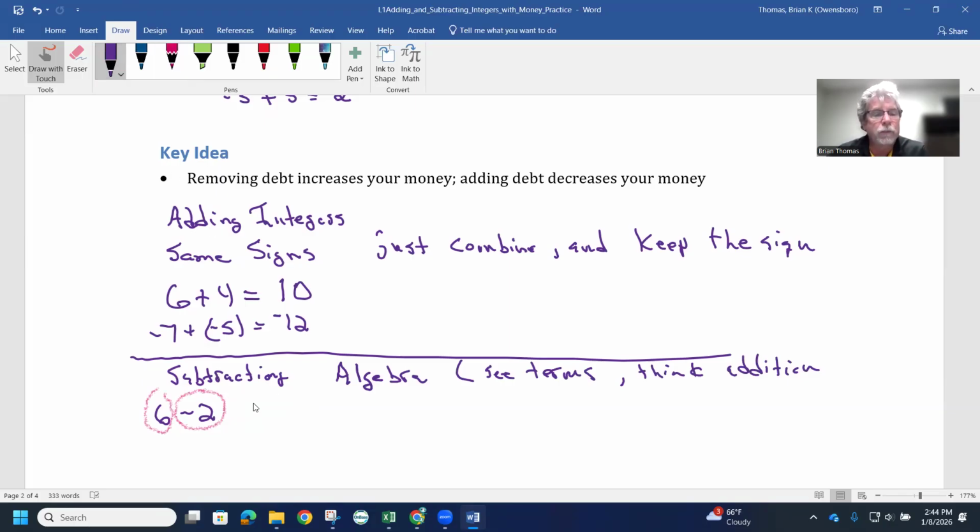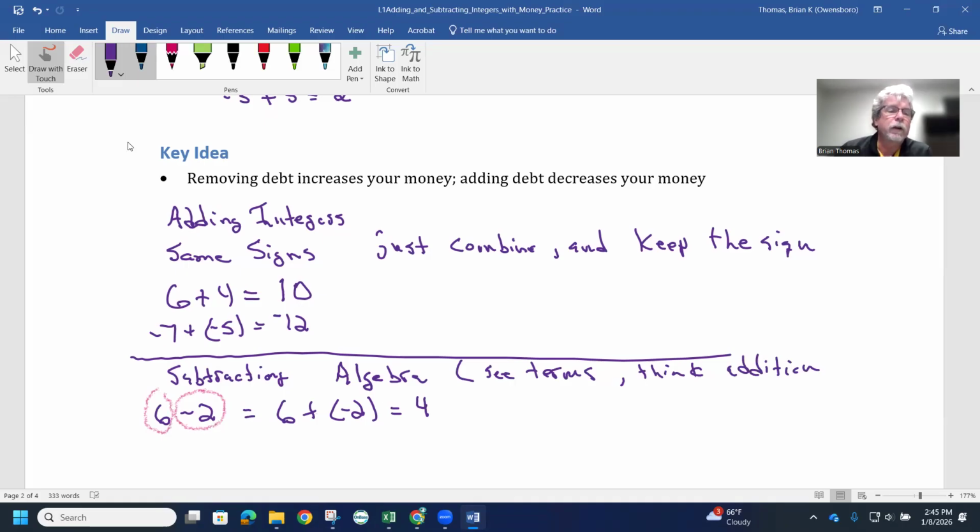So mathematically, this is read as 6 plus a negative 2, which is going to be a positive 4. So in algebra, we see subtraction as two terms: the subtraction symbol becomes a negative symbol, and we put a plus symbol in front of that. Notice how these are equivalent. 6 lose 2 gives me 4. 6 plus negative 2 is 4.